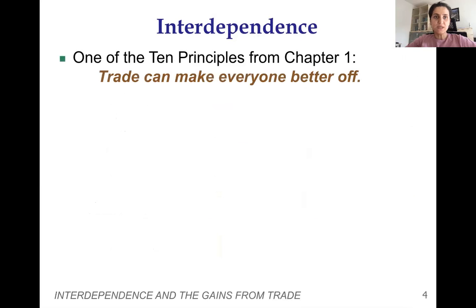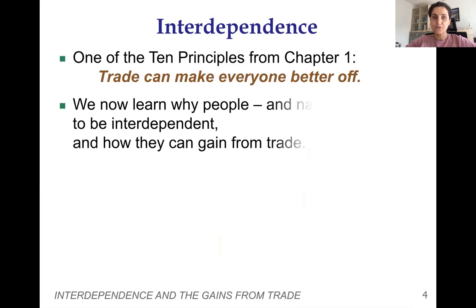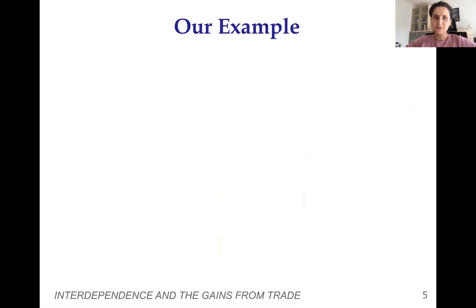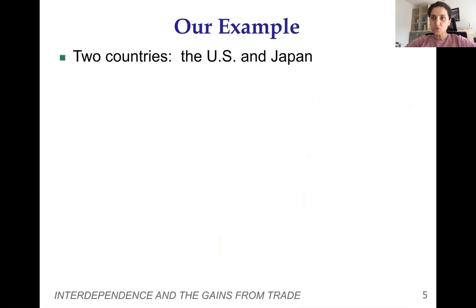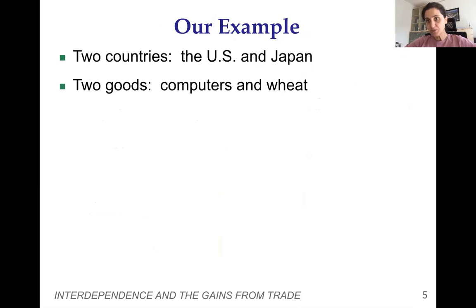Okay. So interdependence, one of the 10 principles of chapter 1, is trade can make everyone better off. We are going to learn why people and nations choose to be interdependent and how they can gain from the trade. Okay. Consider two countries, US and Japan, and they produce two goods.